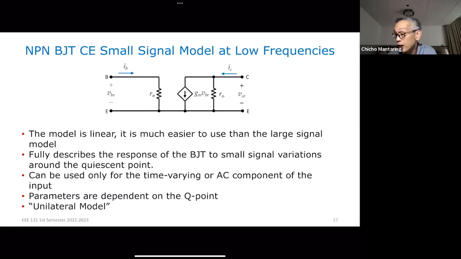If you notice, my input is not affected by the output. This I sub B is only dictated by VBE. Right? I sub B is only dictated by VBE. Whatever happens in the output circuit, this I sub B will not change for a particular value of VBE. So that's why it's a unilateral model.